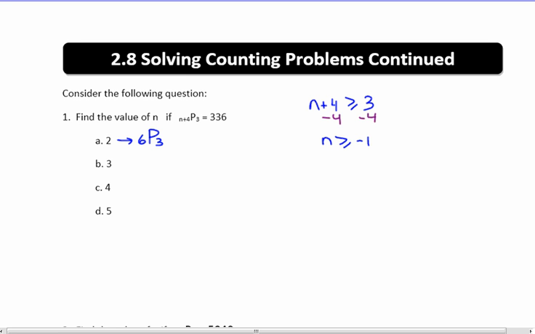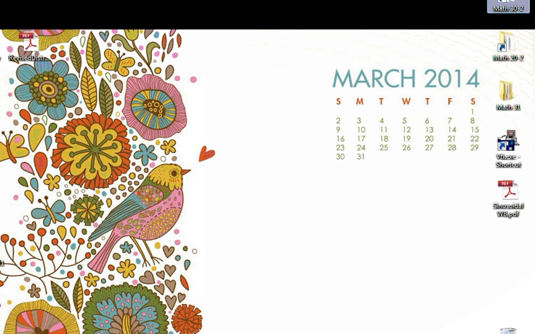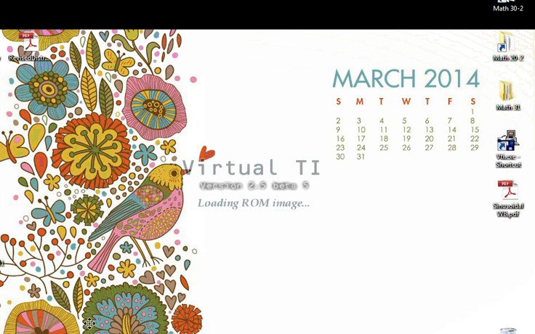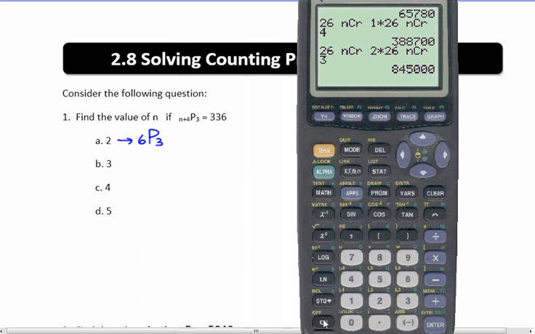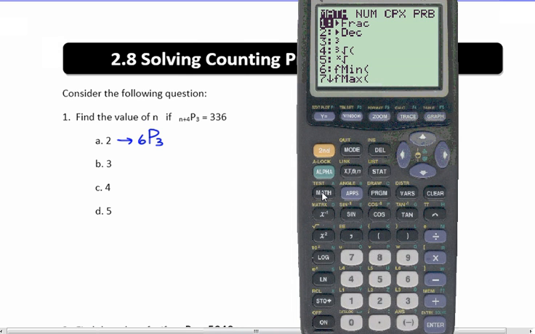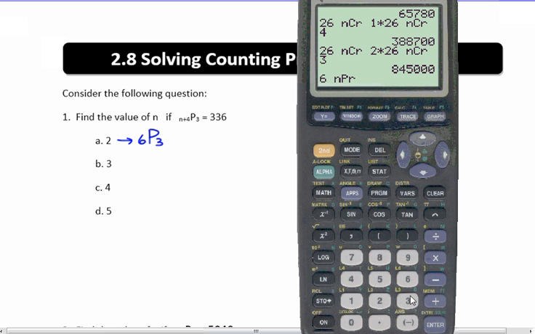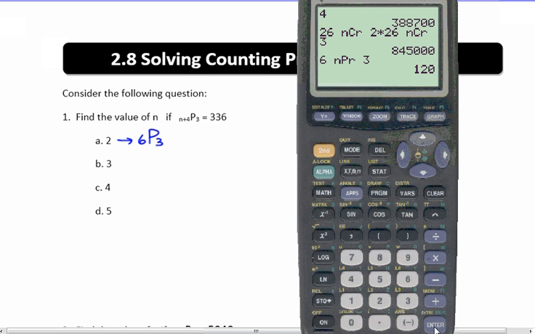So let's try that in our calculators. We could use the formula, but if we can, let's grab our calculators. All right, 6, math, left arrow, and number 2. And then 3. Is that equal to 336?